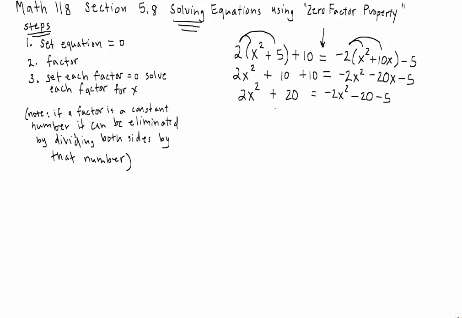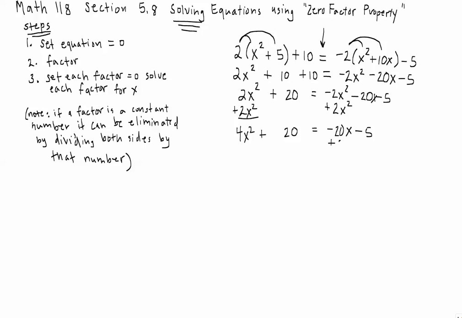So I'm still working on setting my equation equal to 0. I like to move everything to the left side. So I'm going to add the 2x squared to the left side, which gives me 4x squared plus 20 equals minus 20x, oops, that should be an x there, sorry, minus 5.